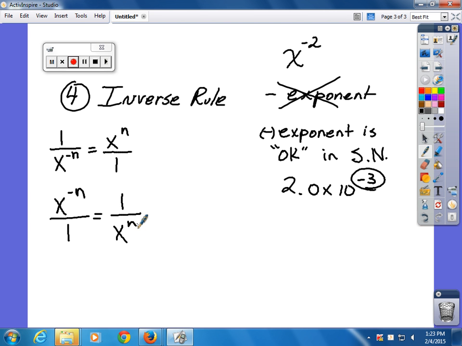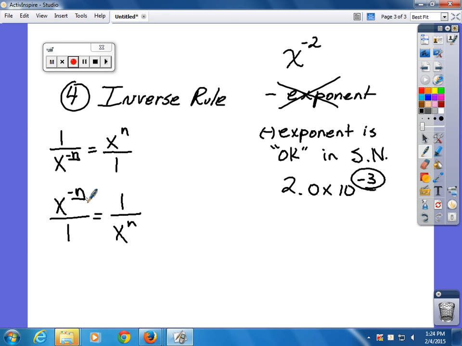Now, did I say the variable out front, or the coefficient out front, or the exponent? The exponent. Some of y'all, if that's a -2x to the n, will try to bring it down and make it positive 1 over positive 2x to the n. No, I didn't say anything about the number in front of the variable. I said this guy right here. The negative what? Negative exponent.